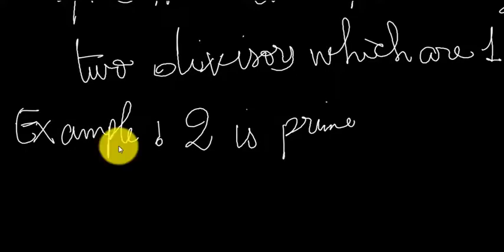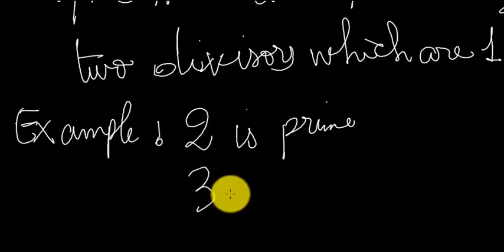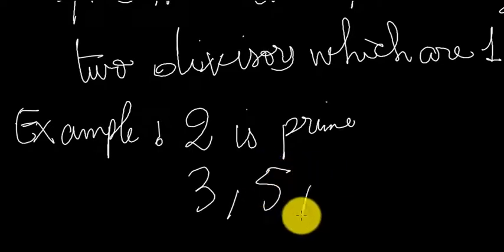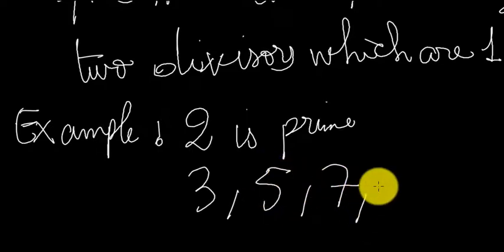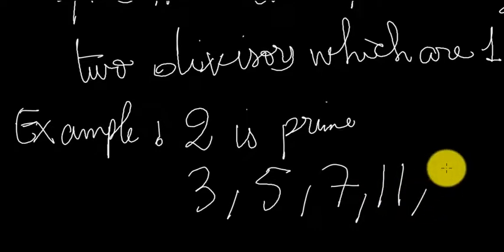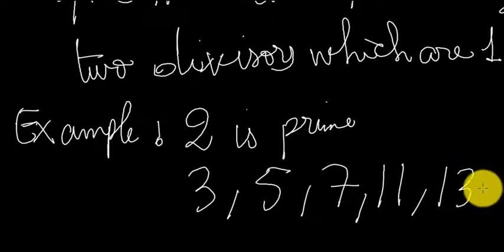So 3 is also a prime number. 4 is not a prime number because 4 is divided by 2, which is not 4, neither 1. 5 is a prime number. 7, 11, 13, etc.